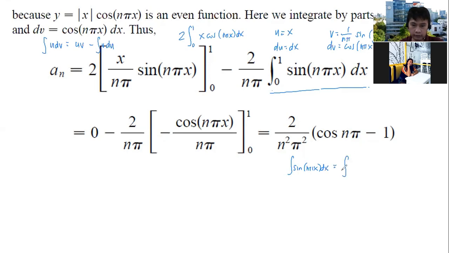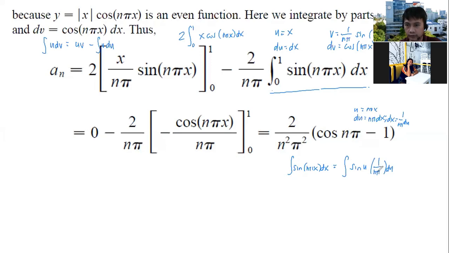This is the same as sine u times 1 over n pi du, because we can let the variable u be n pi x such that du is n pi dx. If we factor out dx, this gives us 1 over n pi du.